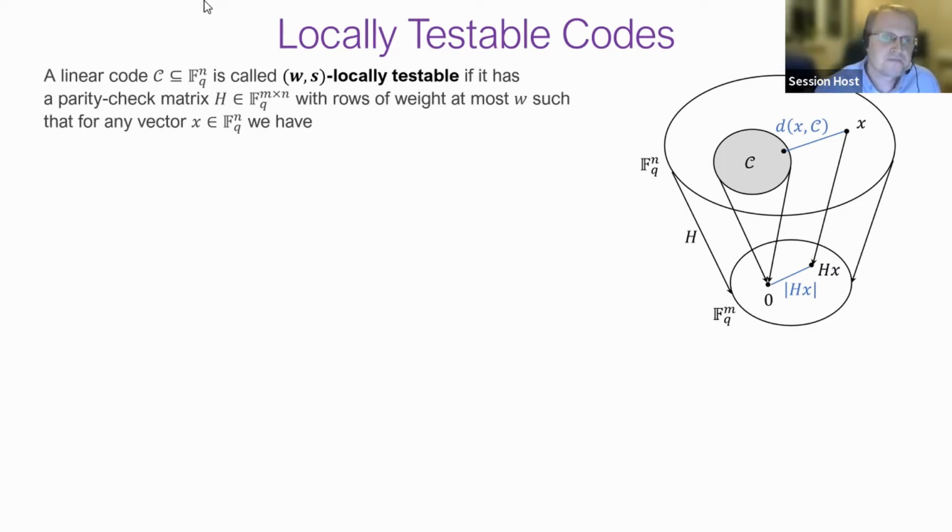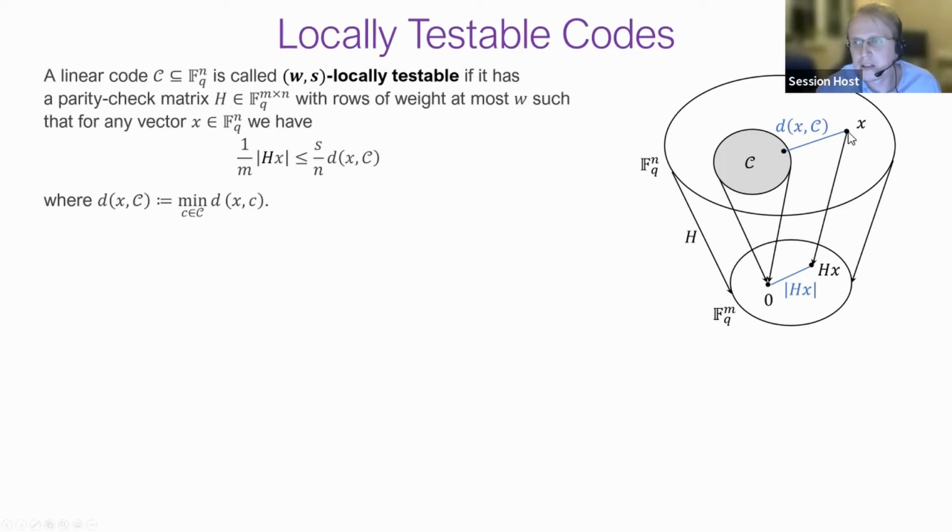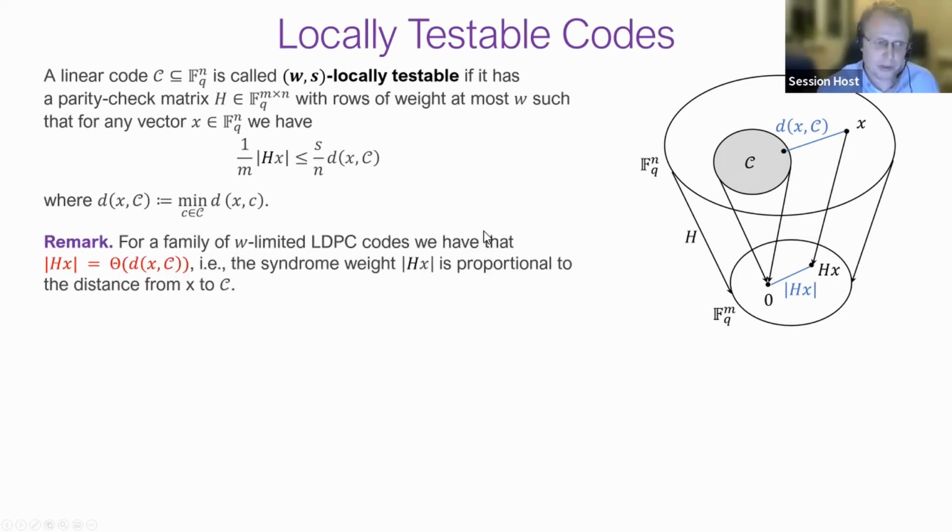And a code is called locally testable if it has a parity check matrix H with bounded weight, and for each vector x we have the following inequality. Here D means the distance from some bit string to the code C. Let me explain what this means.